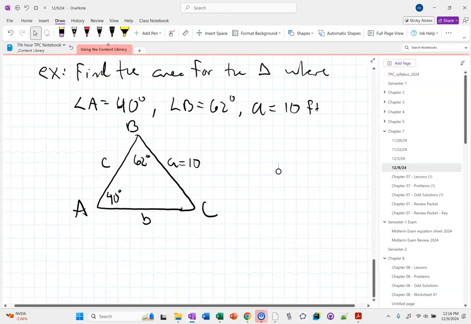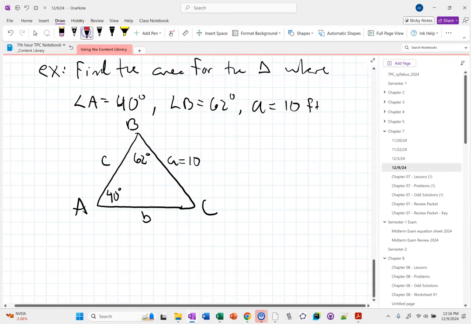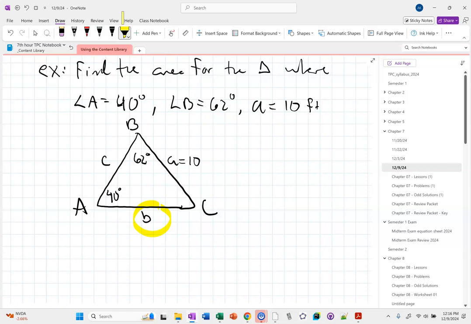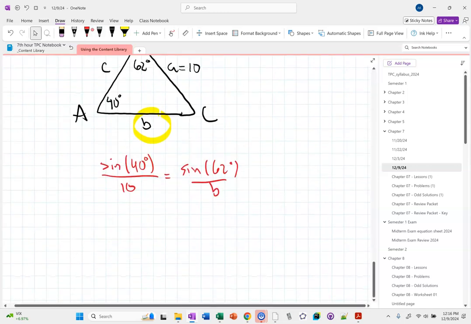All right. So let's say that we decide we want to solve for b, right? That's the easiest one to solve for because I don't need to find angle C to get it. Everybody good with that plan? So I can say, okay, well, sine of angle A over side a equals sine of angle B over side b.